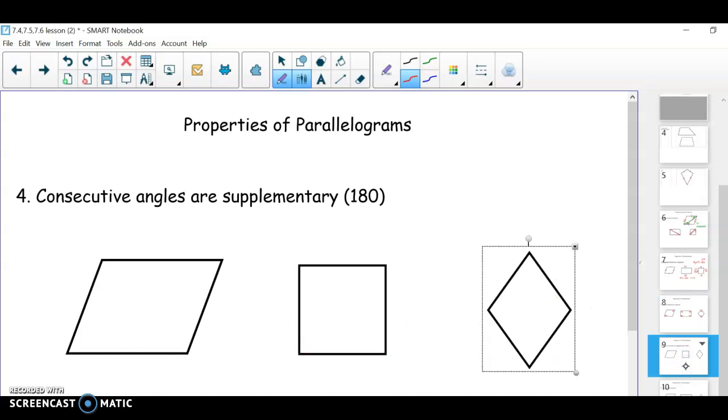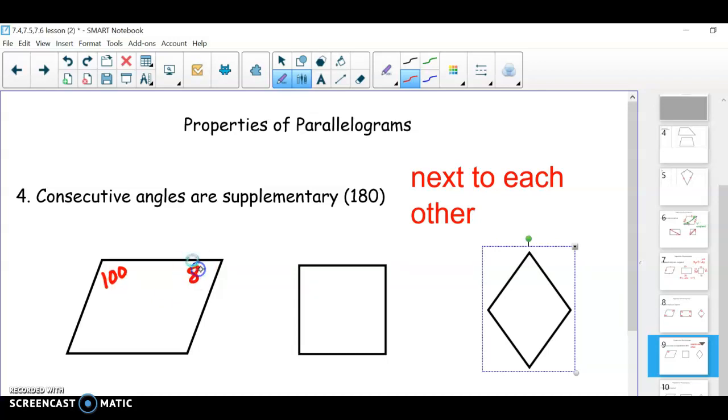All right. Consecutive angles are supplementary. So what that means is, remember consecutive, we said that could also mean angles next to each other. So like in this one, if this guy's 100 degrees, the ones next to it have to be supplementary, or adding up to 180.